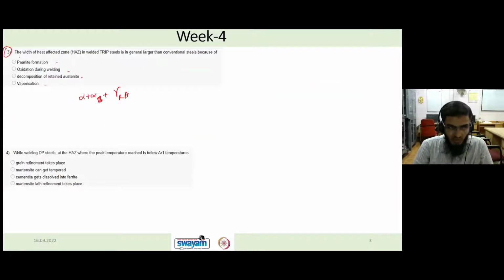I request you to please read question number 3 and, based on your understanding, just answer it. Don't worry whether it's correct or not. We'll try to understand that. Is it clear, Ayush? Yes, sir. I request you to please read question number 3 and comment your answer, or you can unmute and tell your answer. And then we'll try to understand the concept behind it.